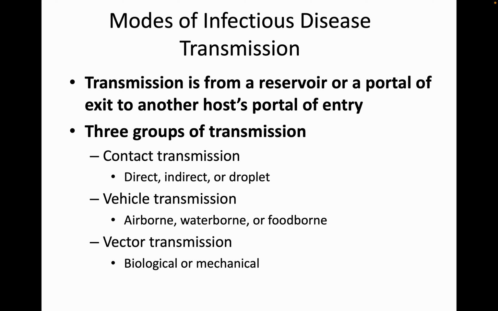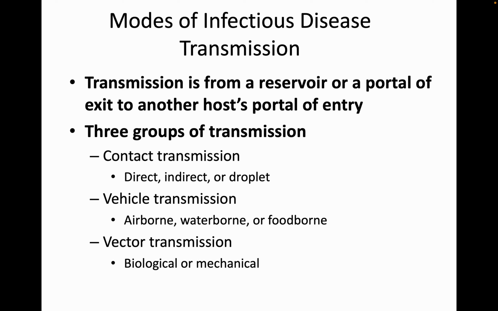Let's talk now about modes of infectious disease transmission. We know how it gets into our bodies, but how does it get from person to person? Transmission is from a reservoir or portal of exit to another host portal of entry. And there are three groups of transmission. There's contact transmission. This could be direct, indirect, or via droplets.